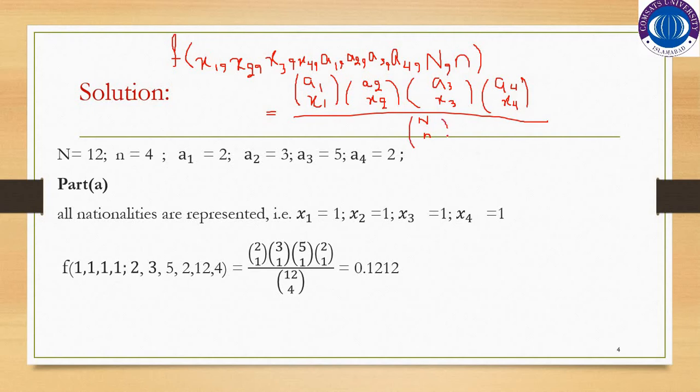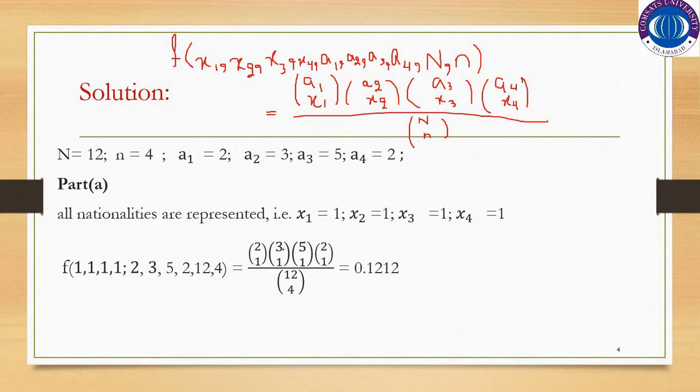So as you know, x1 is equal to 1, x2 is also equal to 1, x3 is also equal to 1, and x4 is equal to 1, A1 is equal to 2, A2 is equal to 3, A3 is equal to 5, A4 is equal to 2, and capital N is 12 and small n is 4, so it will be equal to 2C1 and so on, by substituting all the values.